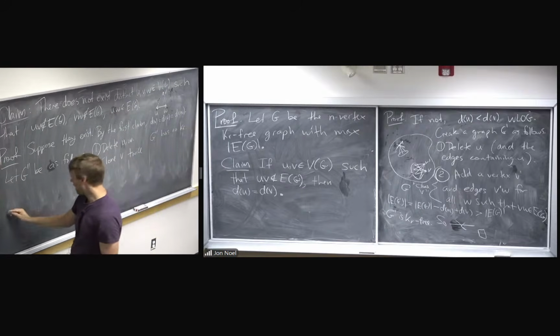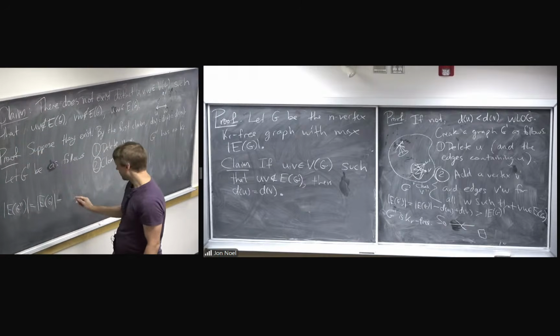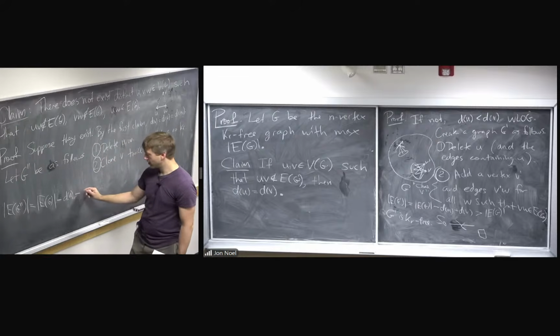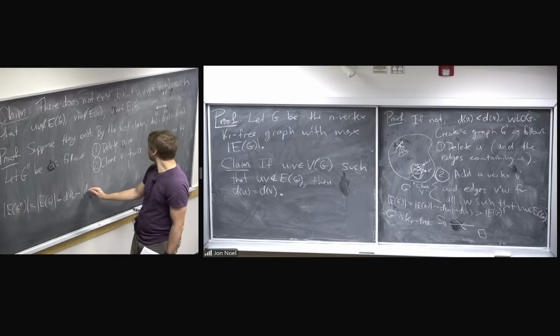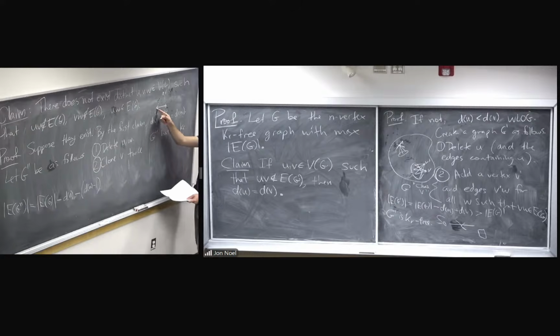And now if I look at how many edges it has, well, start with the number of edges we started with, subtract the degree of u, subtract the degree of w minus 1, because once I've already deleted u, this edge is already gone. So the remaining number of edges I lose when deleting w is dw minus 1.